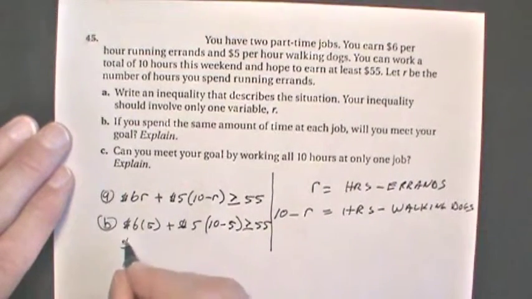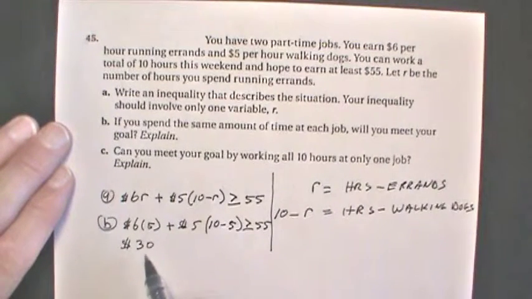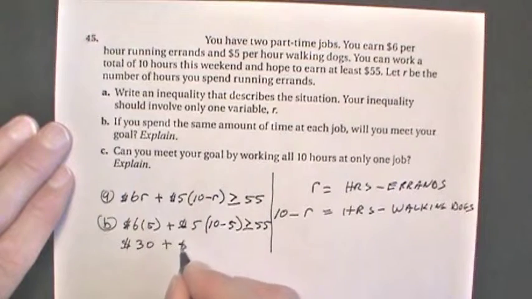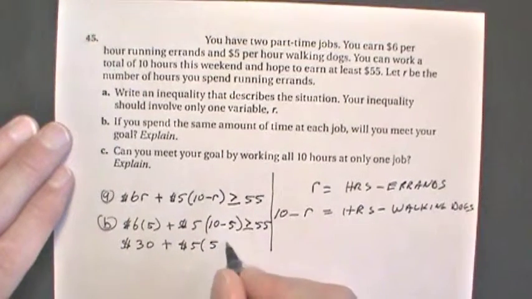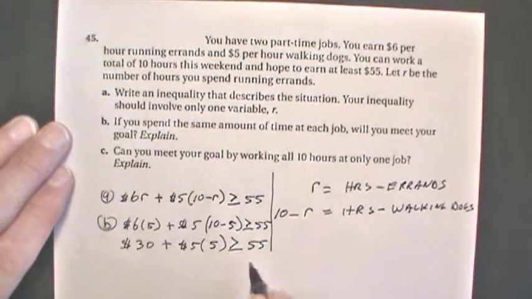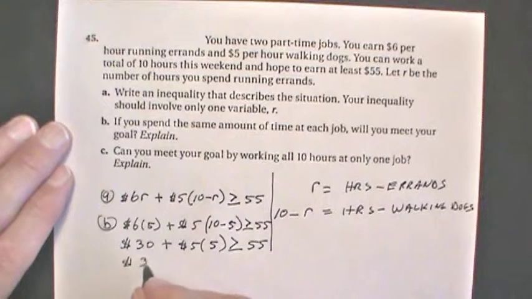So we have 6 times 5 is $30. That's how much we would get for errands. Plus we're going to have $5 times 10 minus 5, which is 5 hours, greater than or equal to 55. So 5 times 5 is 25. So we're going to get $25 for walking the dogs.